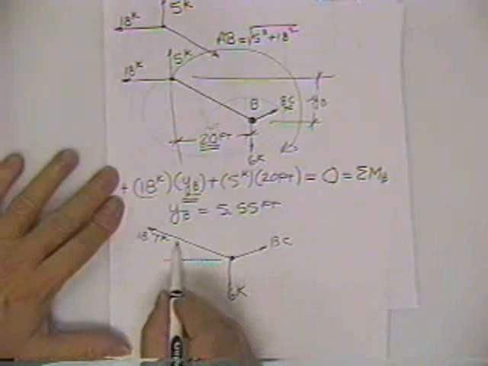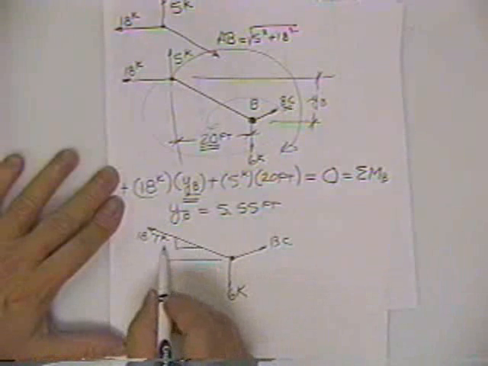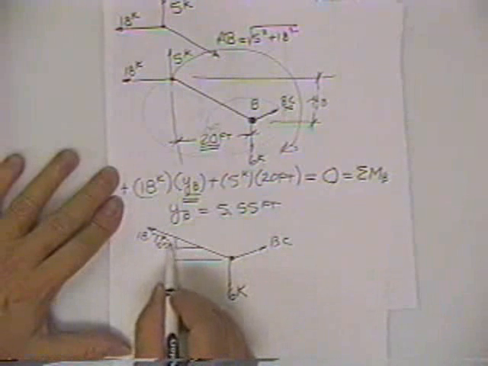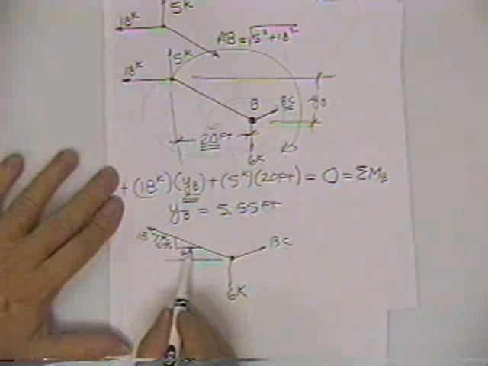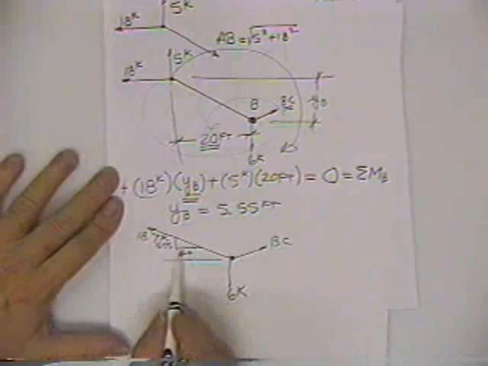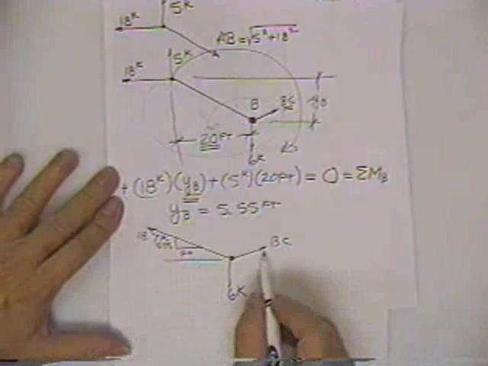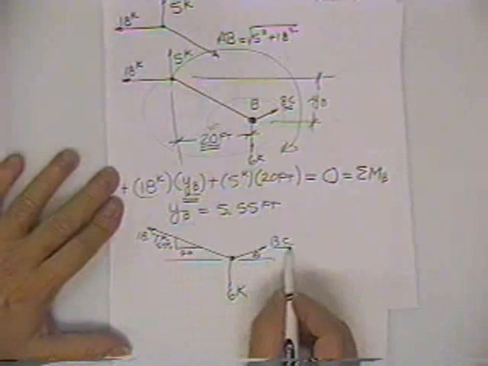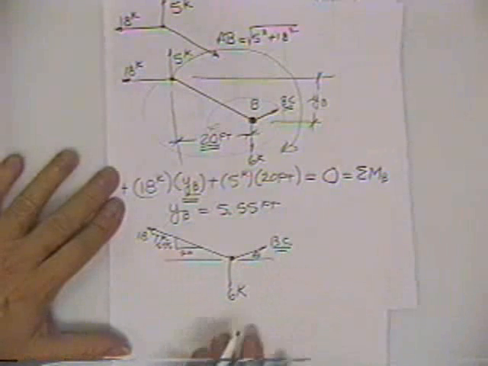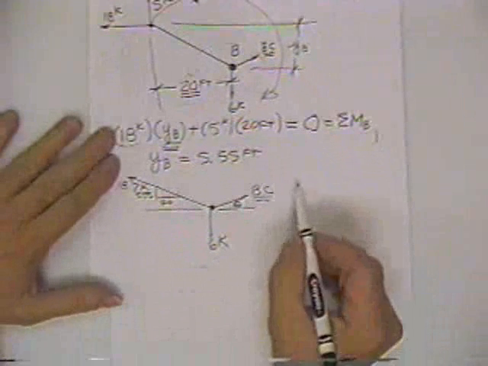We now know that this force is sitting at an angle 5.55 by 20. Rather than calculating the angle, there's 5.55 drop and 20 horizontal. And here's BC. Now BC, you won't know the angle and you won't know the force, but that's two unknowns, and so you can solve for them.